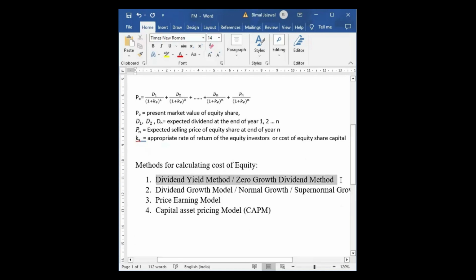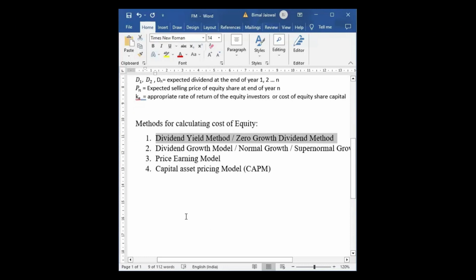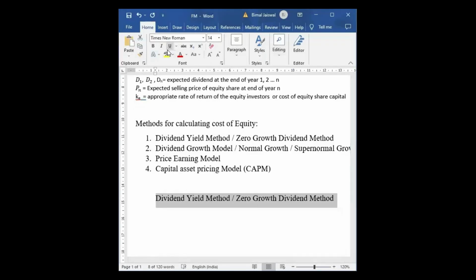First one we take up is the dividend yield method. This will be our discussion for today itself. The dividend yield method is one of the simplest methods, and here the growth is basically not considered.